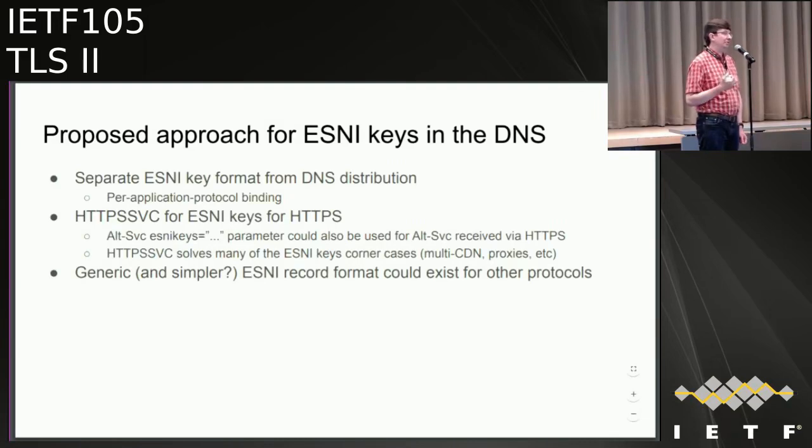Another option: there's been some interest in saying HTTPS service seems useful for other use cases. Maybe it should be generalized to not just be HTTPS specific, in which case that more generic DNS record could cover the ESNI case as well and incorporate support for ESNI keys, and therefore potentially eliminate the need for a separate ESNI record.